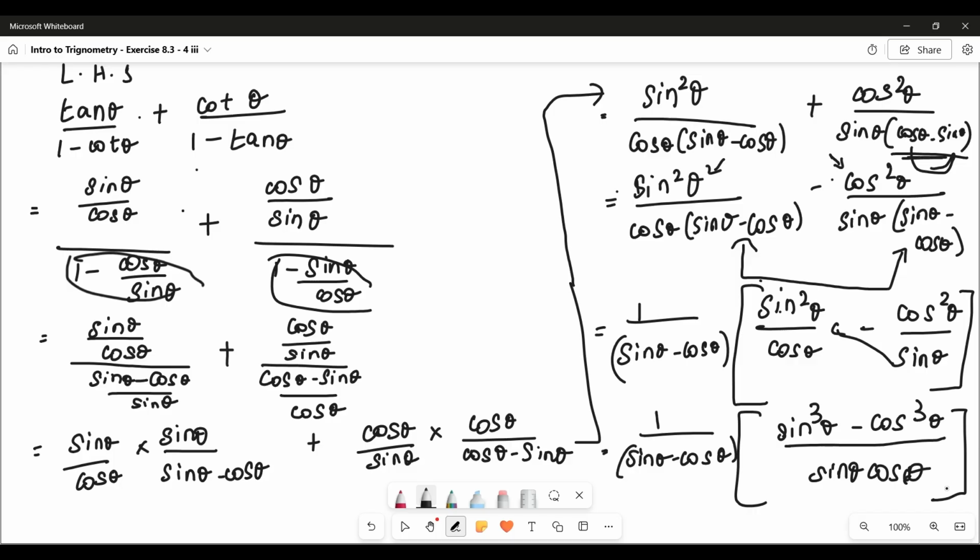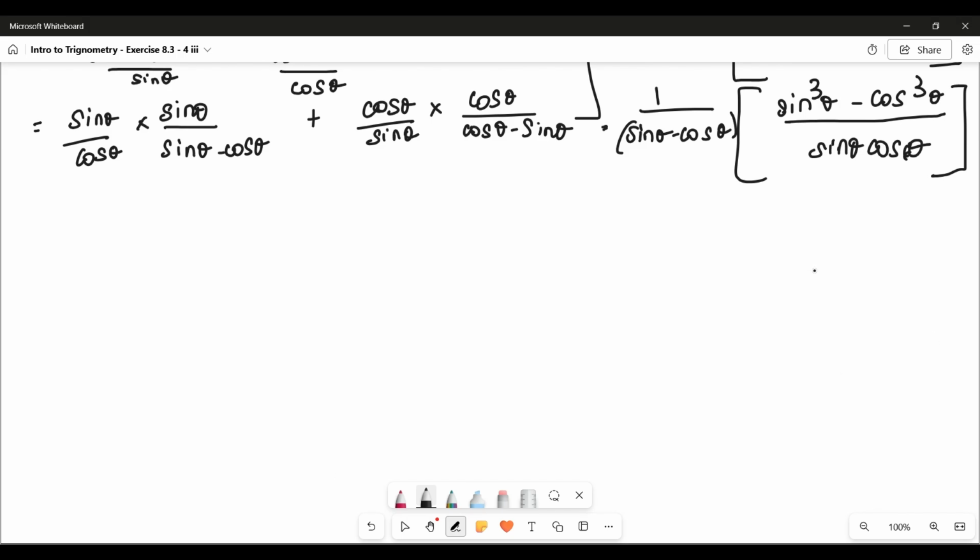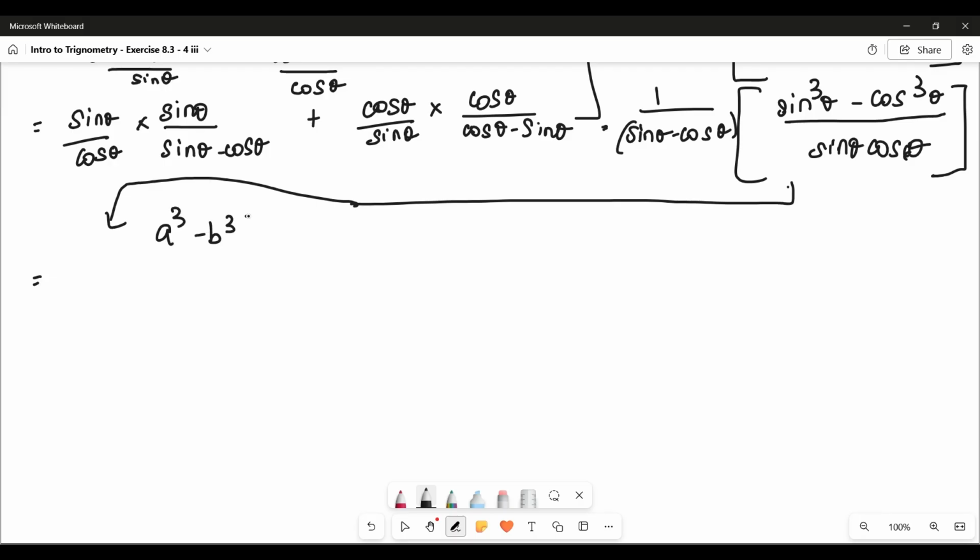Now we'll apply the a cube minus b cube formula here. a cube minus b cube is nothing but a minus b times a squared plus ab plus b squared. That's it.